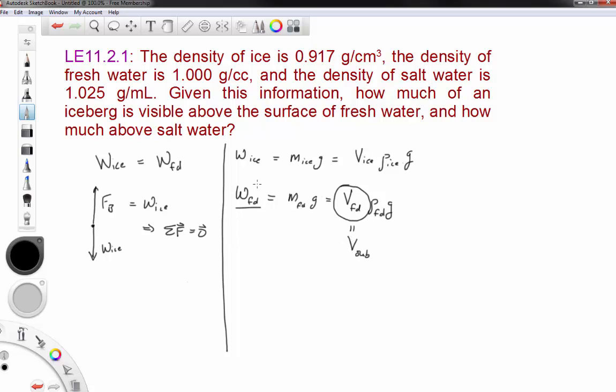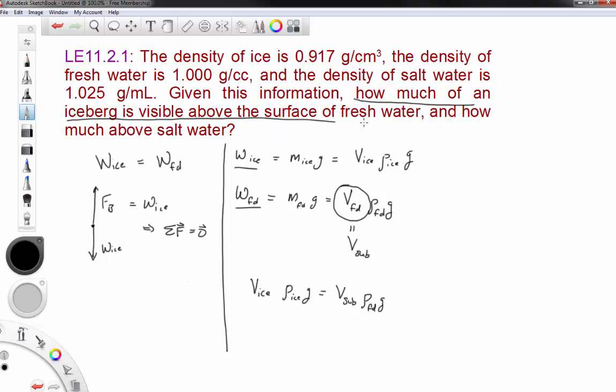So since these are equal, we can write that the volume of the ice cube times the density of the ice cube times g is equal to the submerged volume times the density of the fluid times g. What we're looking for here is how much of the iceberg is visible.